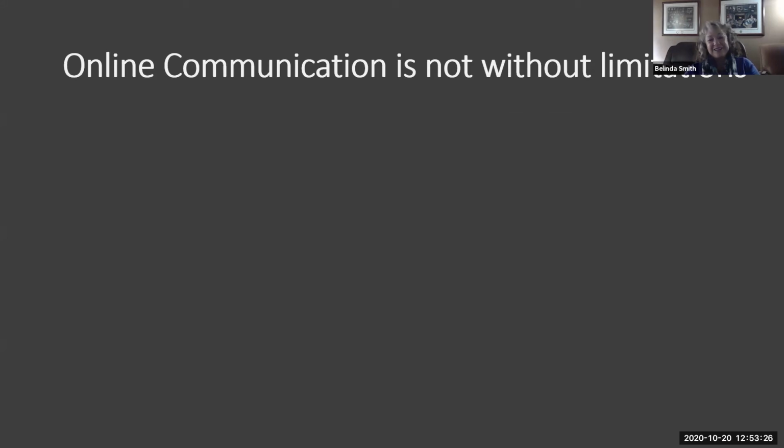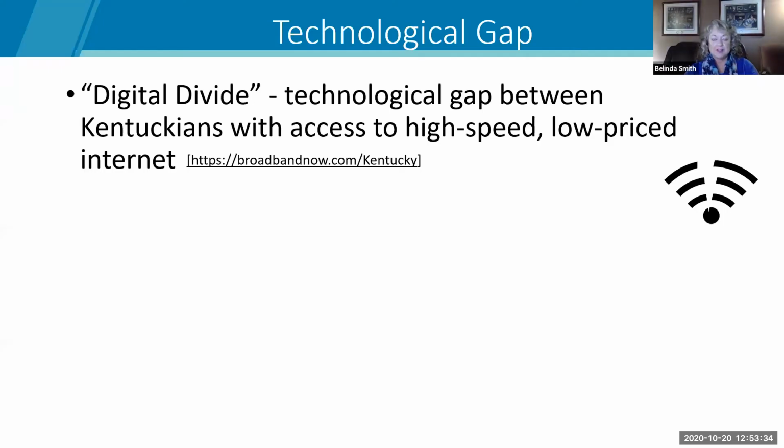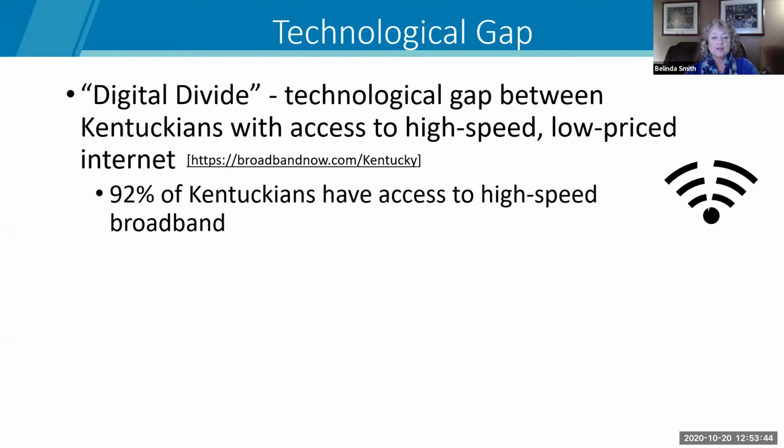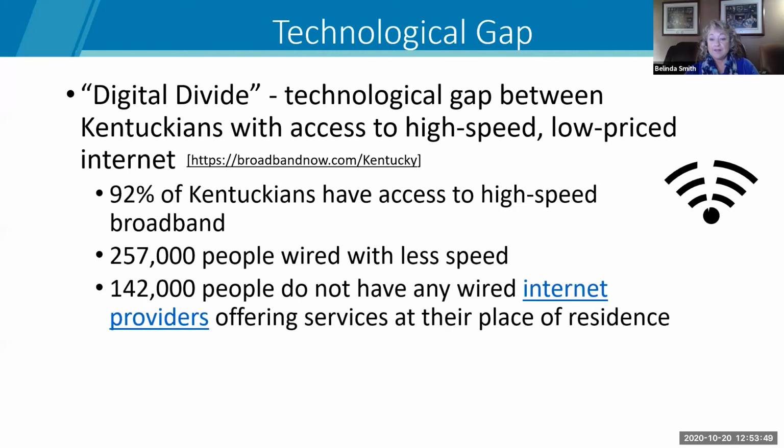So typically we can recover from these little glitches and they're just an inconvenience. But there is something important to acknowledge: there is still a digital divide in some areas in regard to access to high-speed, low-priced internet. The majority do have access, but there will still be some areas where you might have to have contingency plans.